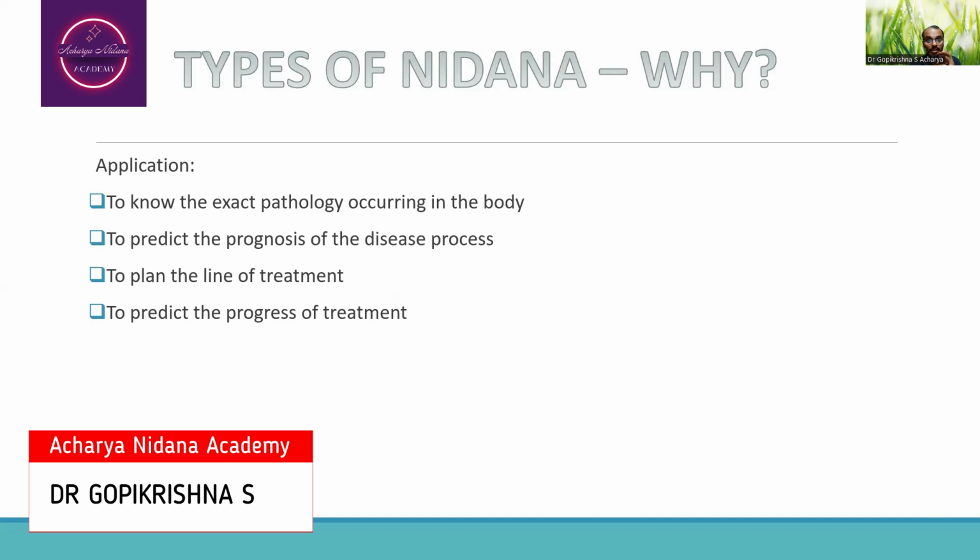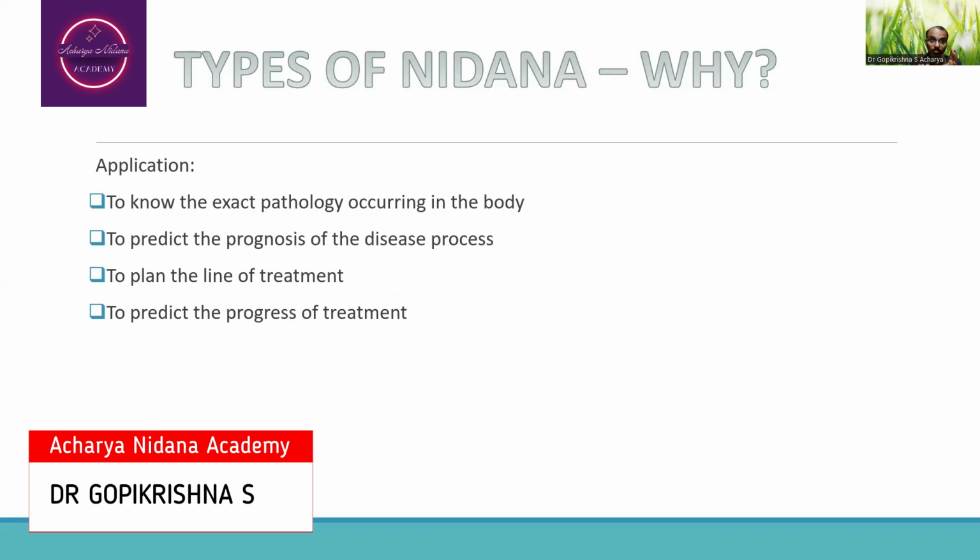Initially the person may have the affliction in relation to the mouth, and later that will be followed by the stomach. If the person is inhaling Shita Guna Yukta Vata or air, the first and foremost affliction will be related to the respiratory system.